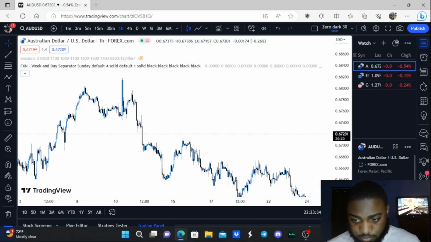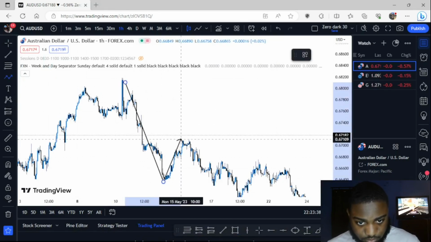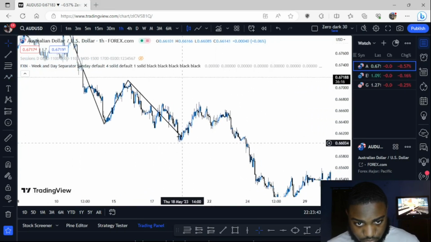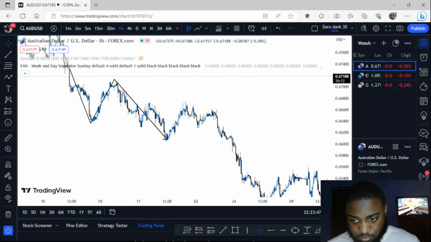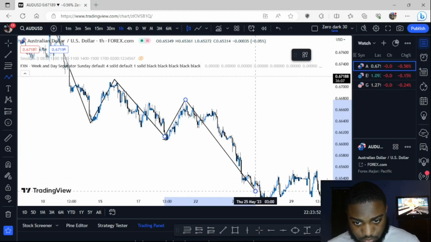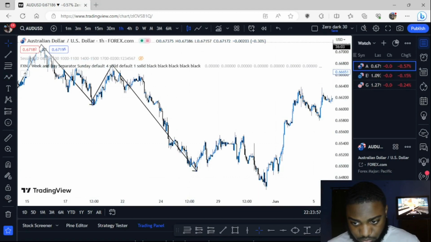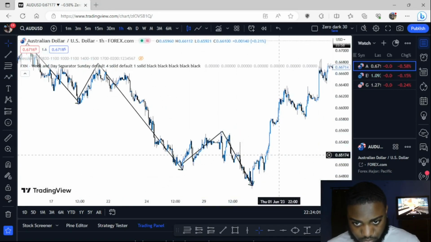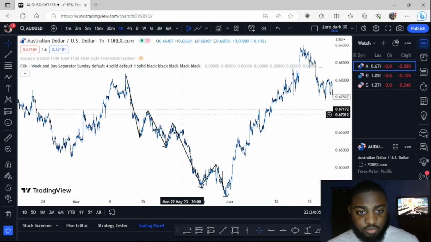Let's mark out structure. So this is our downtrend, right?